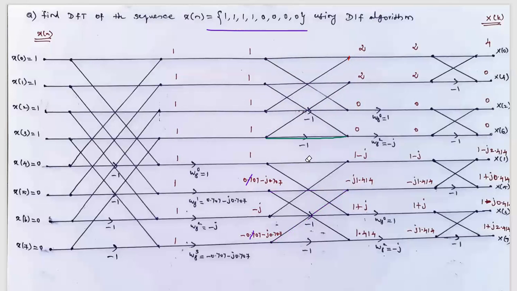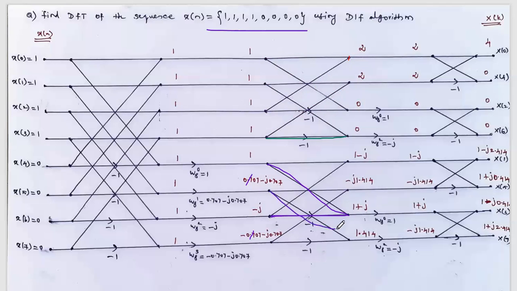Then in the third line, you see here 1, 1, here minus j multiplied with the minus 1 plus j. So 1 plus j.